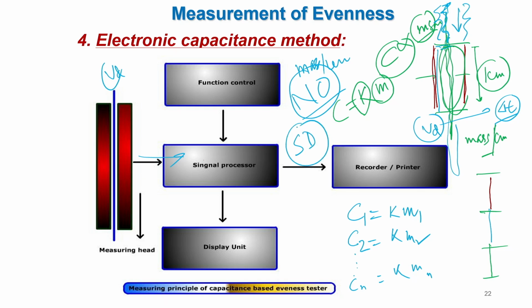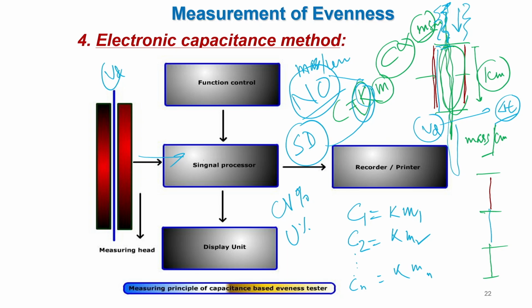If we come back to the standard deviation formula, the unknown factor k will remain both for mass per unit length and standard deviation. But if we try to measure the CV percent or U percent, this k will be present both in numerator and denominator. So, the k value will get cancelled out.